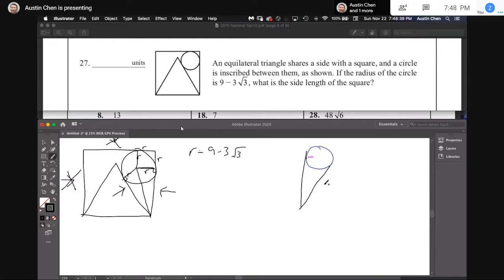So if you have two tangents to a circle, and you connect the center of the circle to the point where the tangents meet, it's always going to bisect the angle. This is pretty obvious by symmetry.